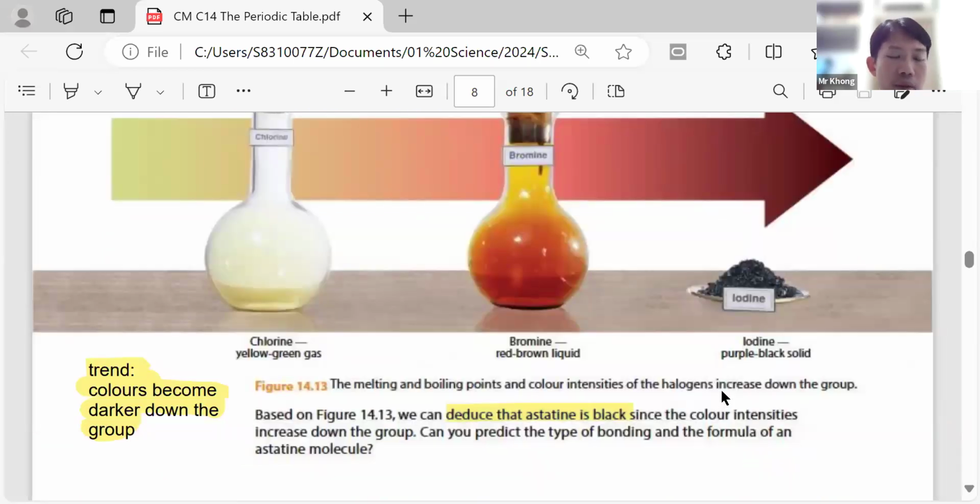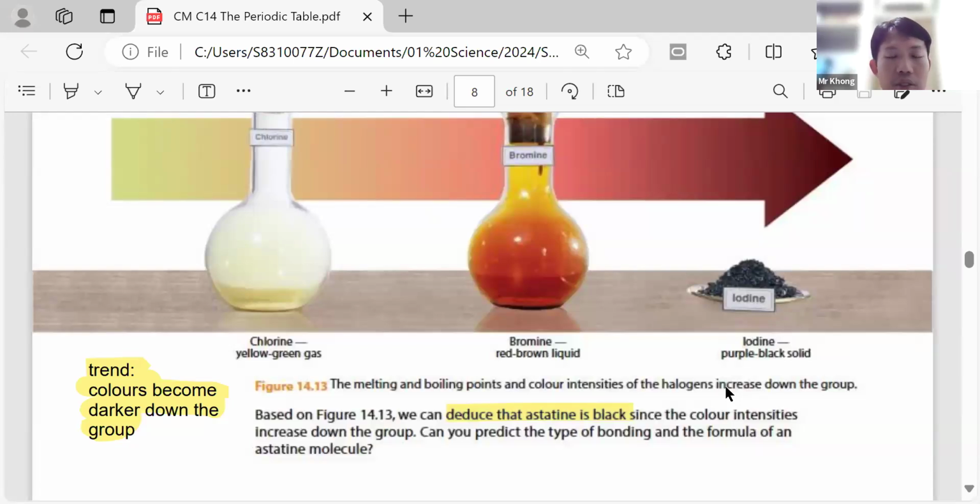So number one, I think the most important trend is in terms of the colors. So the colors will become darker down the group. And usually what happens is we can use this particular trend to deduce the color of our next few halogens. So in this case, since astatine is below iodine in group 17, therefore we can say, quite safely, that astatine will have a black color.